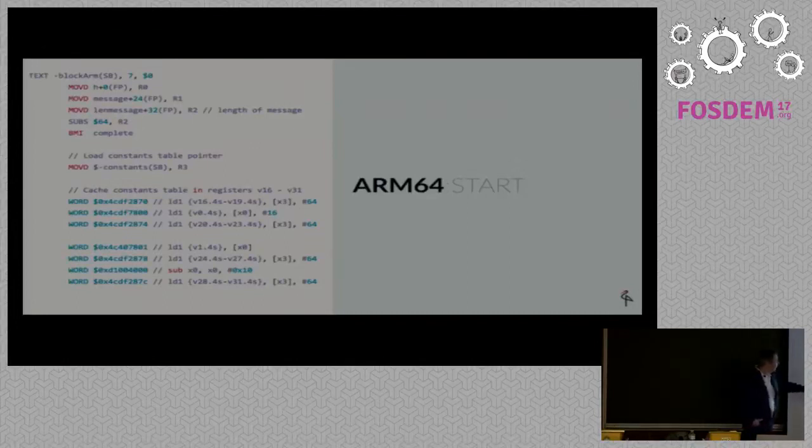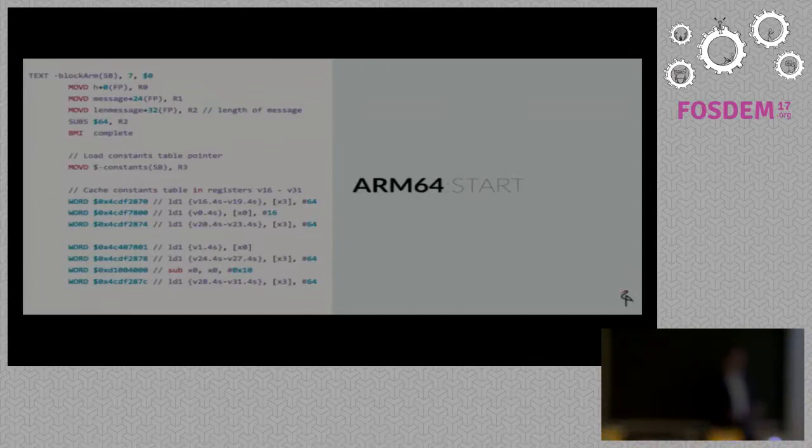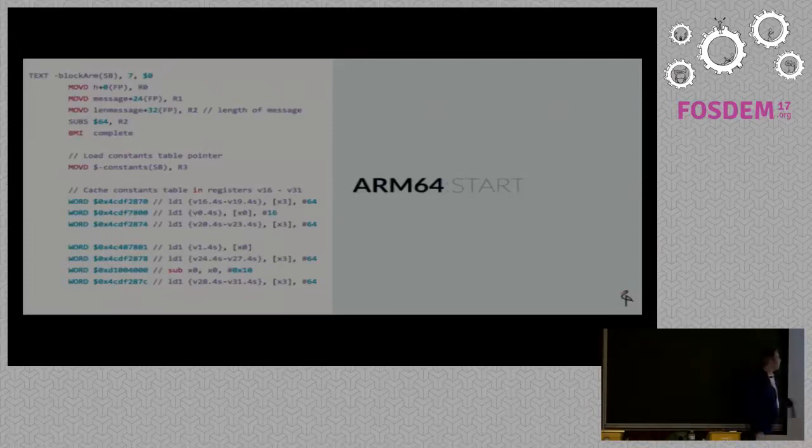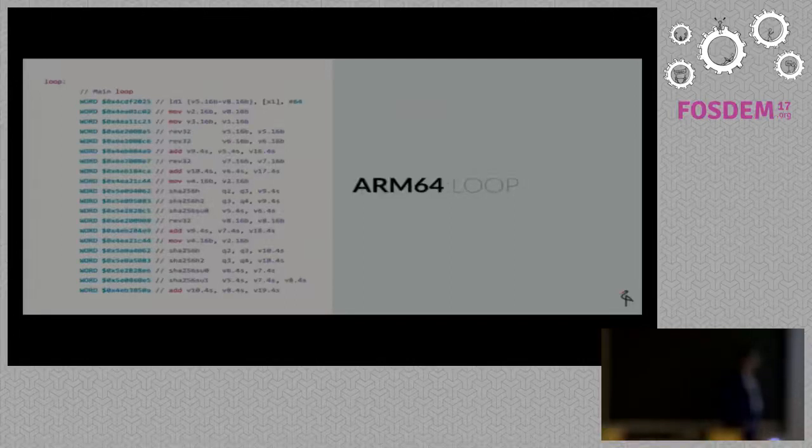And then further down here, we do some initialization. So here we load from x0, which corresponds to R0, the digest. We also load, obviously, from the message itself, and there's also a constants table. So we get a reference to the constants table that's in R3, and R3 corresponds in Neon to X3. So here we load values from the constants table, and this is the main loop where the hashing is being done.